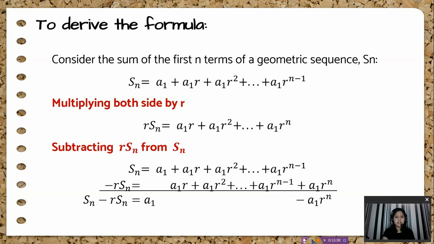Subtracting r S sub n from S sub n, we would get S sub n minus r S sub n is equal to a sub 1 minus 0, that is a sub 1. A sub 1 r minus a sub 1 r, that would be 0. Cancel all the same terms. And for the last one, 0 minus a sub 1 r raised to n, that is negative a sub 1 r raised to n.